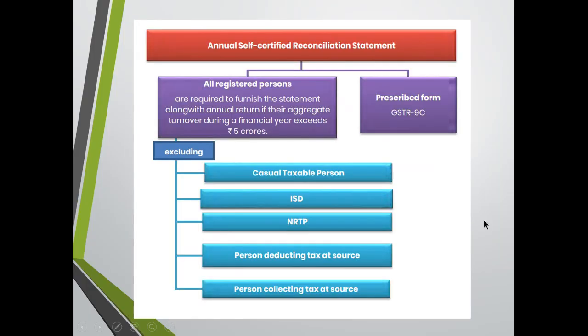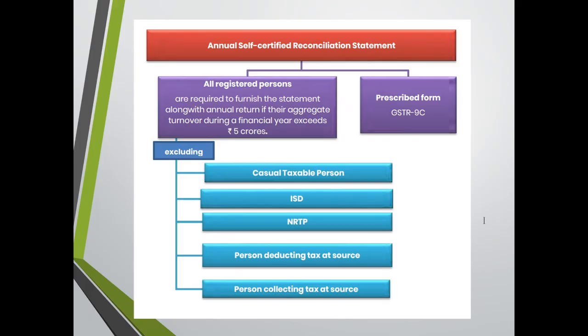Along with GSTR 9, I was mentioning 2 crore is the limit. Is only 9 applicable for more than 2 crore? The answer is no. If your turnover is more than 5 crore, along with 9, you would be required to submit 9C also.